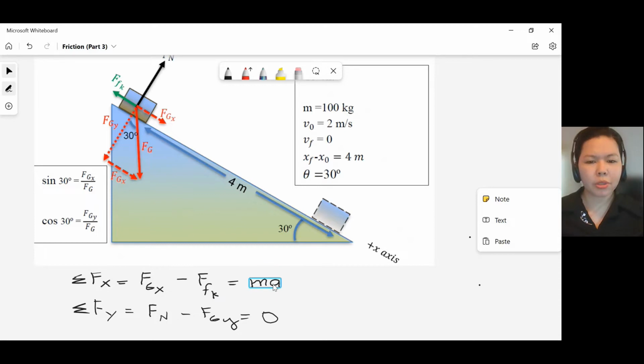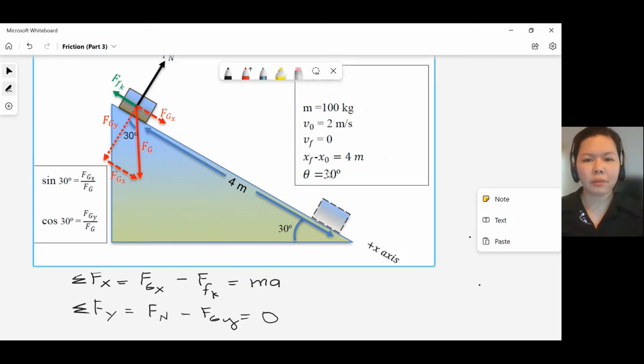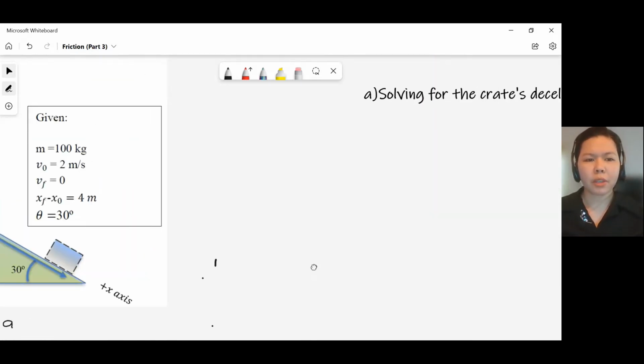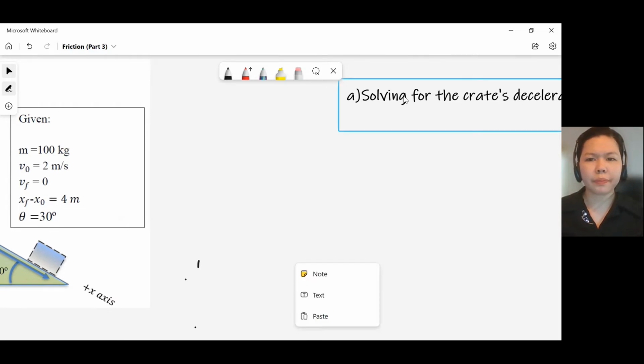So two unknowns here, we cannot use this equation right away. So we have to recall our equations from when we discussed horizontal motion with constant acceleration. Since we have the given, we can use one of those equations. Let us recall those equations.